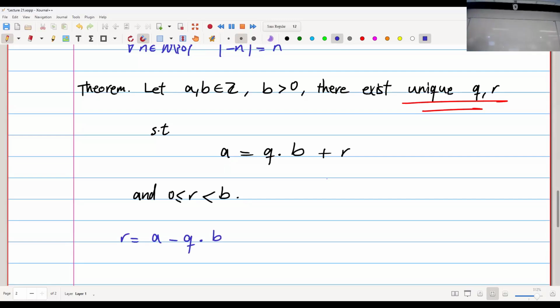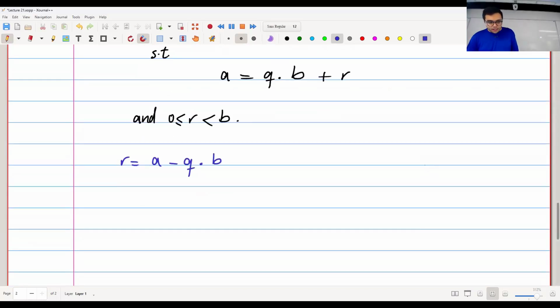And I want this r to be as small as possible. So I'm going to create the set of all the possible values for r, and then I'm going to say, take the smallest element. Okay, so I'm going to say, let A be this set, the set of all the values that are of the form a minus qb for any q in Z.